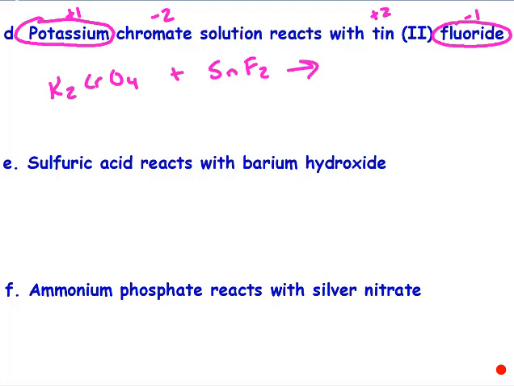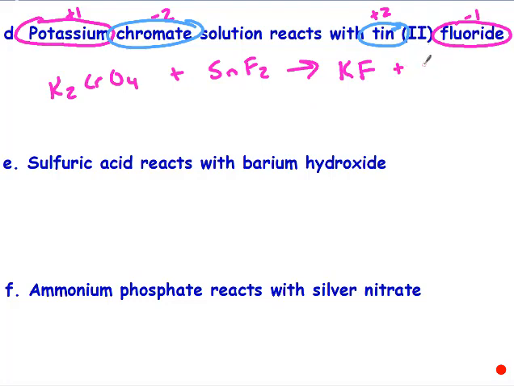So go ahead and pause the video and write your products with the correct subscripts. Restart when you're done. So potassium went with fluoride, so K goes with F. Those cancel out.